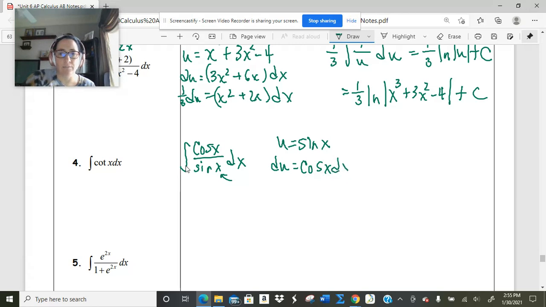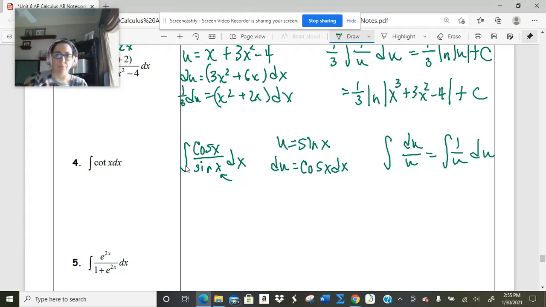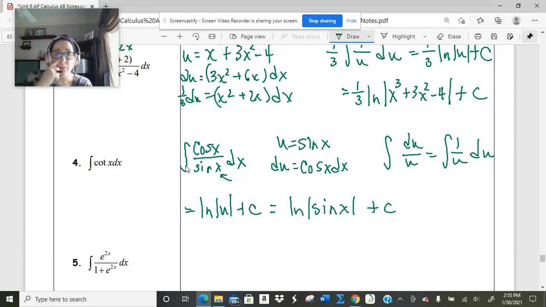Well, it is cosine. So I can see that this becomes du over u, or if you like to see it like the 1 over u du, which is the ln of the absolute value of u plus c, the ln of the absolute value of sine x plus c. So we had to memorize that formula earlier, but if you ever want to just know cotan and tan with u sub, here you go.